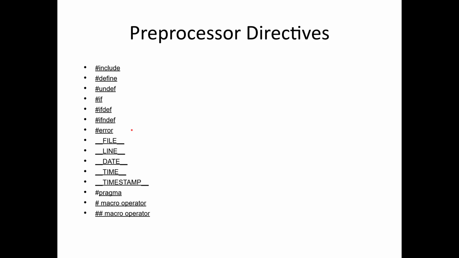Error can be used to spit out custom compiler errors. File, line, date, time, and timestamp are little bits of metadata that the preprocessor can inject into the code whenever you need them.